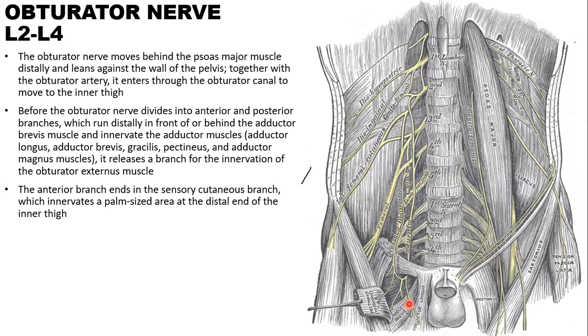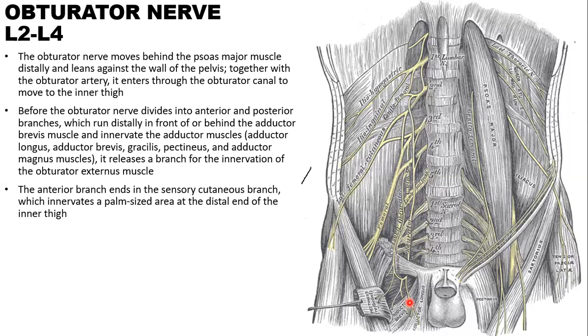This nerve, the obturator nerve, is the main supply to the medial compartment of the thigh. It will innervate the adductor longus, the adductor brevis, the gracilis muscle, the pectineus muscle, which is also innervated by the femoral nerve, and the adductor magnus.